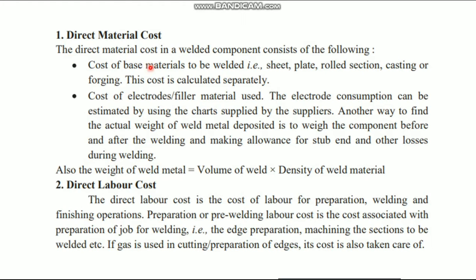That is sheet, plate, rolled section, casting or forging. This cost is calculated separately. The cost required for these items is direct material cost, and also the cost of electrodes and filler metals used. So these are the costs considered as direct material.